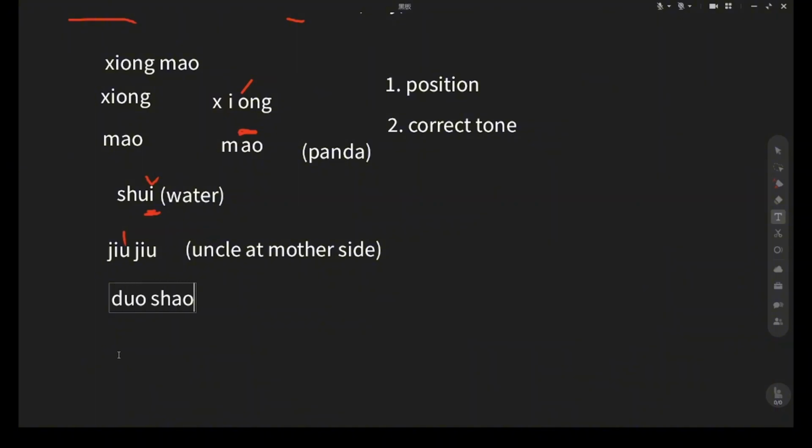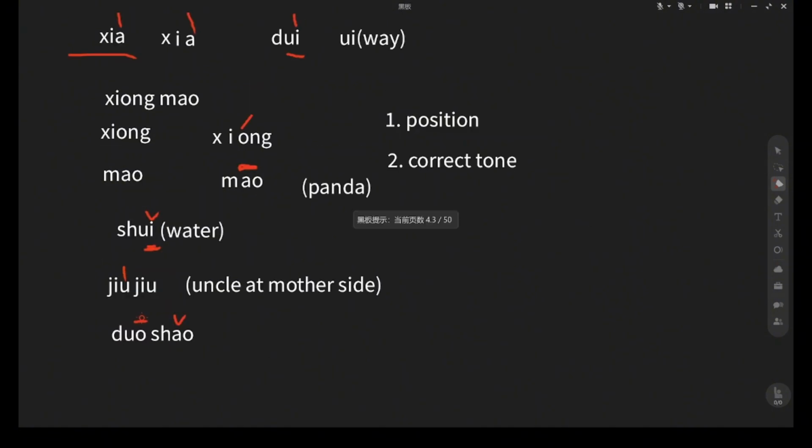Okay, so write pinyin in your notebook. Okay, so I read it. 多少. Okay, so I mark it. The first one is flat tone.